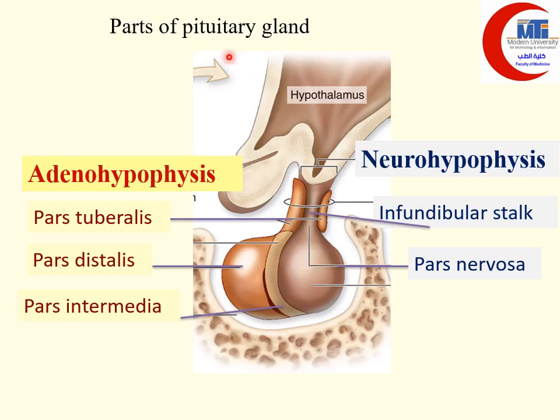Again, the pituitary gland, which is also called the hypophyseal gland, is formed of two parts, adenohypophysis and neurohypophysis. Adenohypophysis is the anterior part formed of pars distalis, pars intermedia, which is located in the middle between pars distalis and pars nervosa, and this part which turns around the infundibular stalk, called the pars tuberalis.